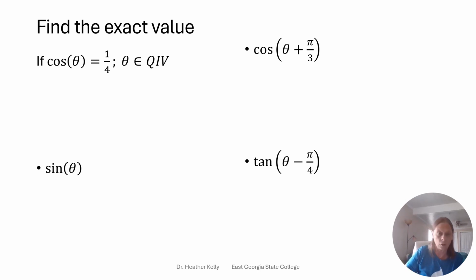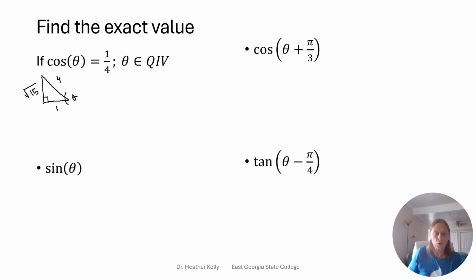Okay, so first off, we know what to do when we see that. We know that drill. We're going to make ourselves our little triangle here, call this theta. This is going to be 1, this is going to be 4, so 16 minus 1 is the square root of 15. Okay?